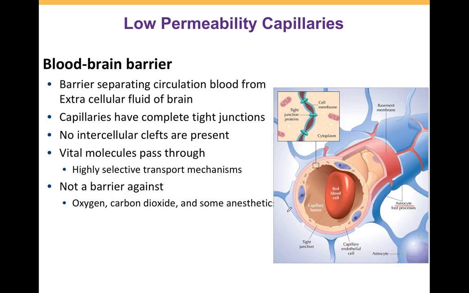Now, this capillary network surrounded by astrocytes is referred to as the blood-brain barrier, because astrocytes are creating a barrier between nerve cells, hence the word brain, and the capillary network, which basically is your blood.